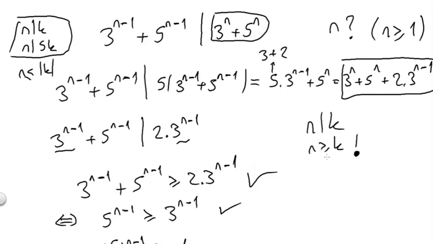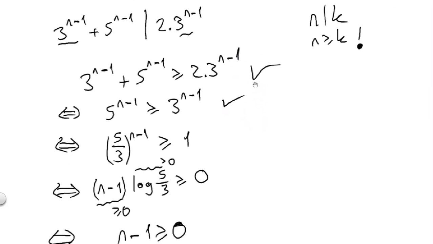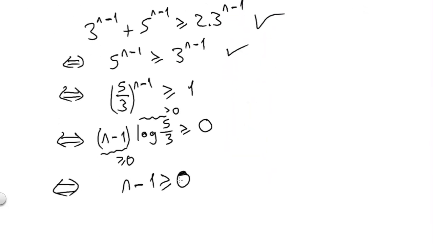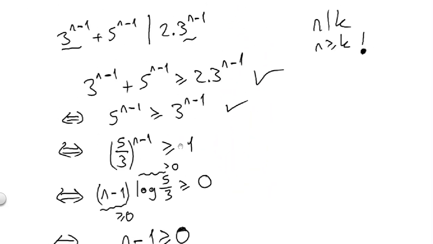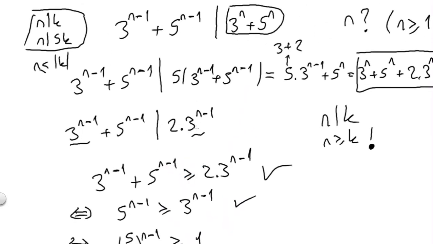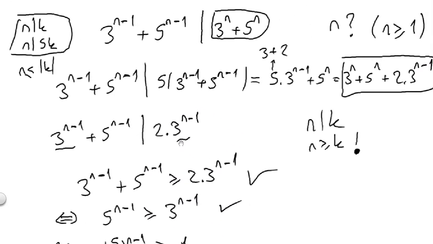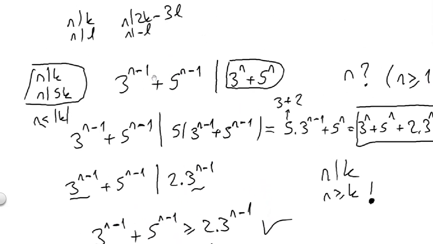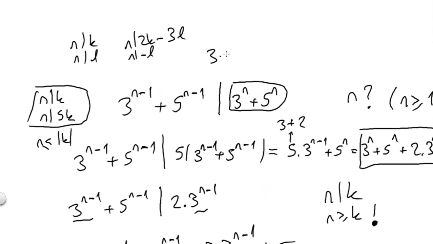But here let's also check the value when n is equal to 1, because if you look here, the equality is satisfied if n is equal to 1. So if I put n equal to 1 here, I will get just 3 plus 5, and does 2 divide 3 plus 5?